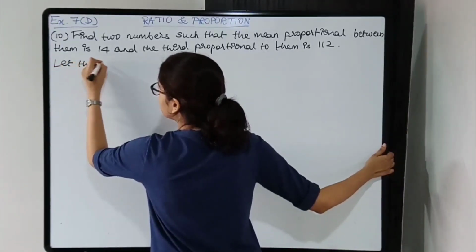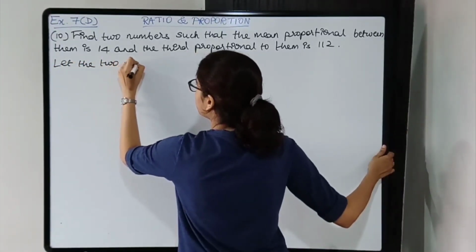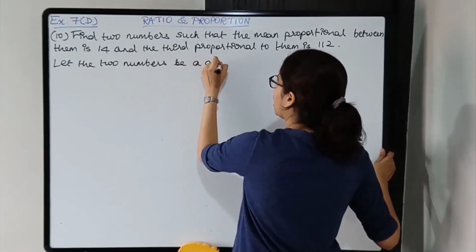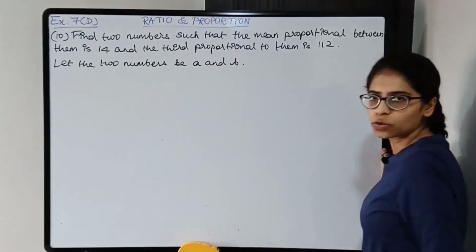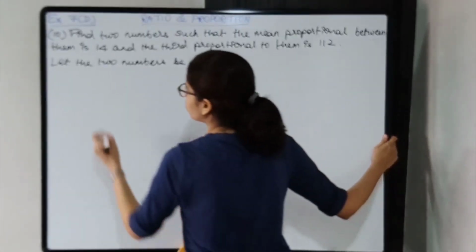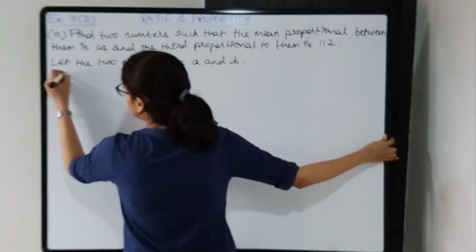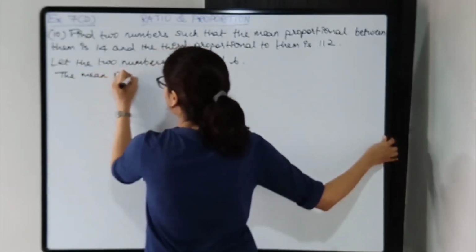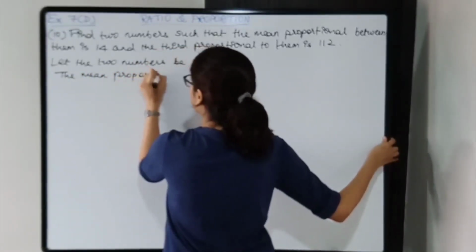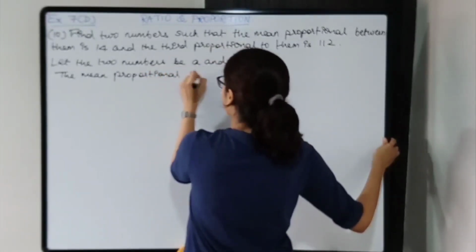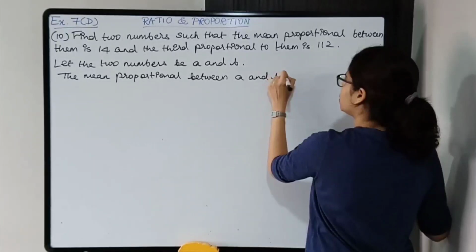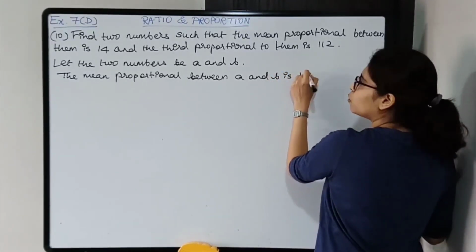Let the two numbers be a and b. The mean proportional between a and b is 14.